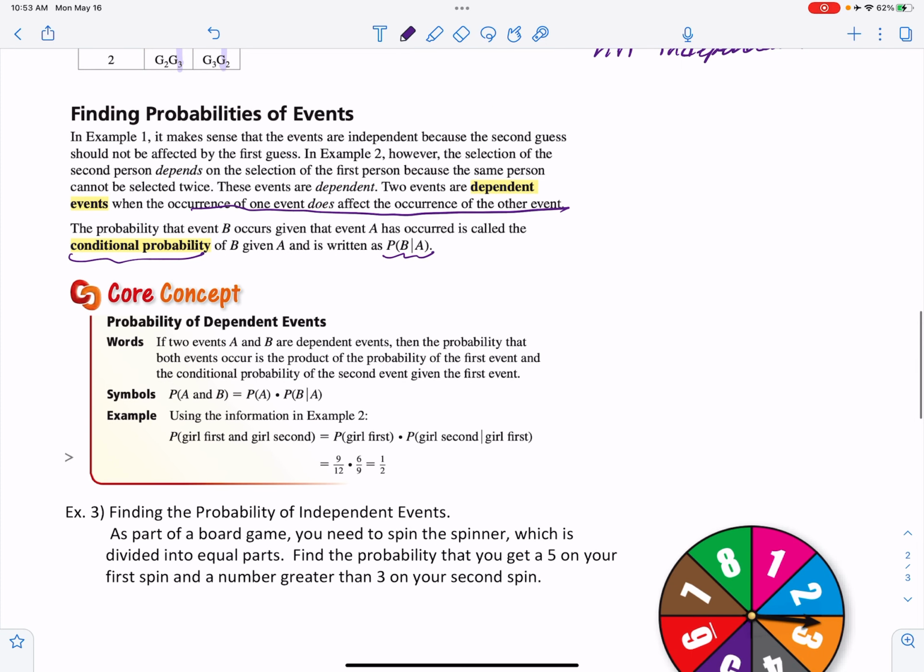So, in words, if two events A and B are dependent events, then the probability that both events occur is the product of the probability of the first event and the conditional probability of the second event. So here are the symbols. You need to know this formula.